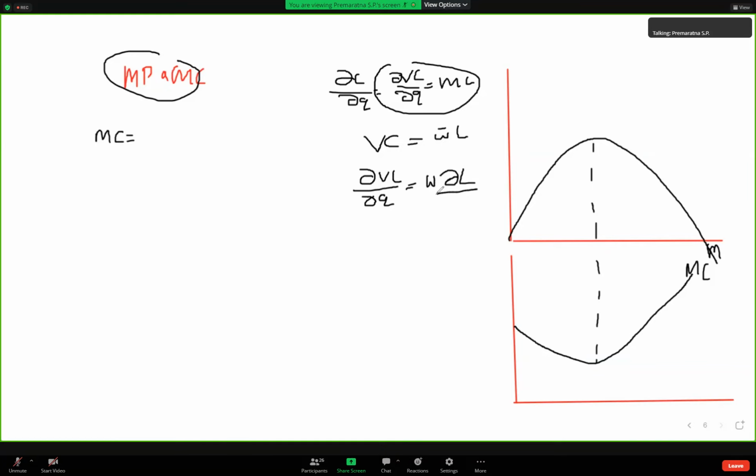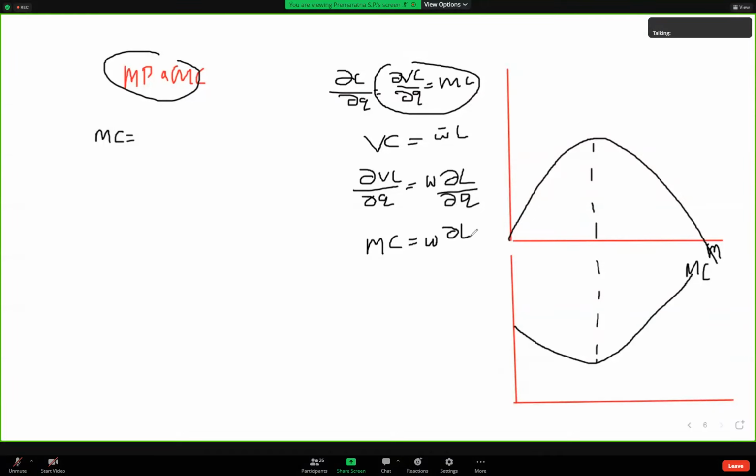Differentiate L with respect to Q. So that's what we got, which means the marginal cost equals W, that means the factor price, times dL/dQ.